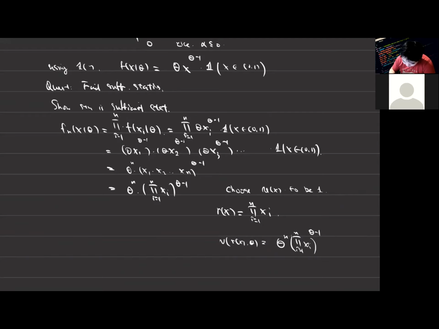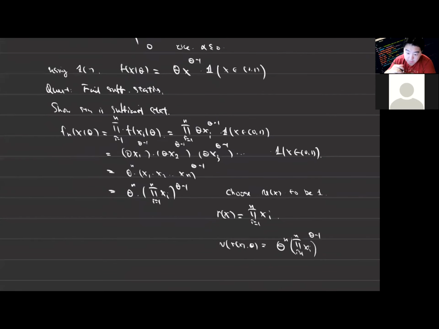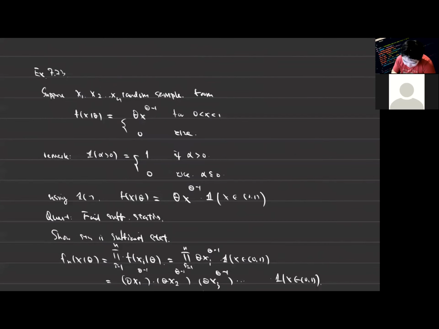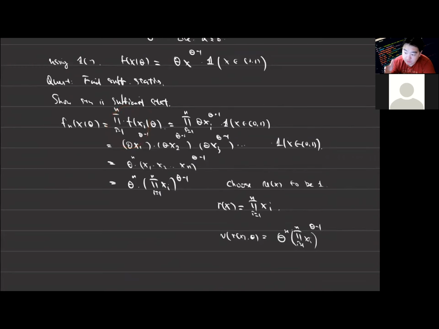So let's just recap, and let me restate this to fix my mistake. What we just did was we started with the joint likelihood function. We have this f that's given to us, and we use this definition to work out the joint likelihood function, and it looks like that. You work out the math, you keep going all the way to the end, and you get something like this. Now, at the end of this equation, you need to think about how to apply the theorem.